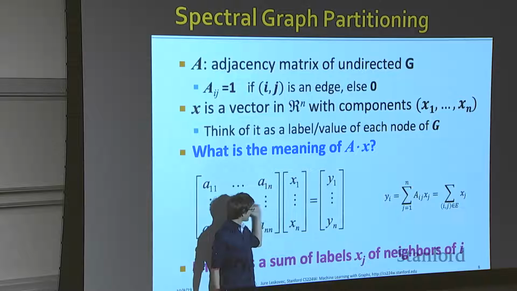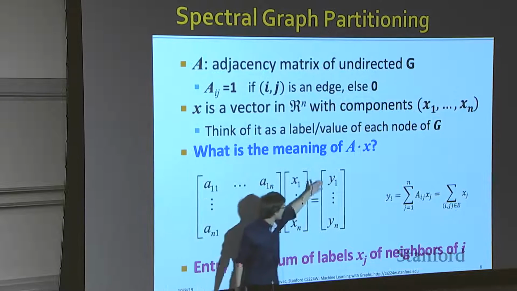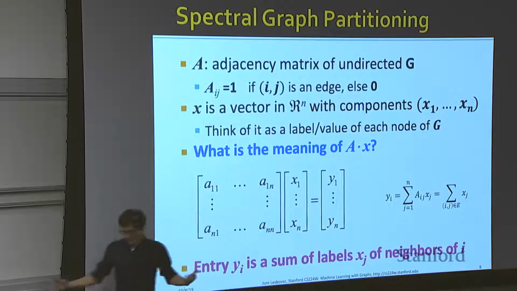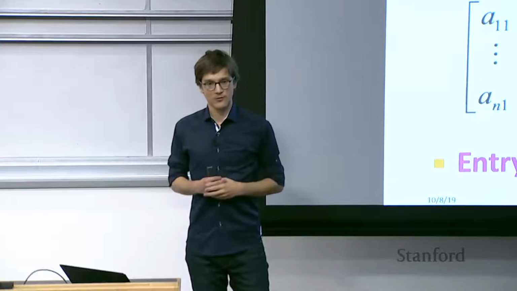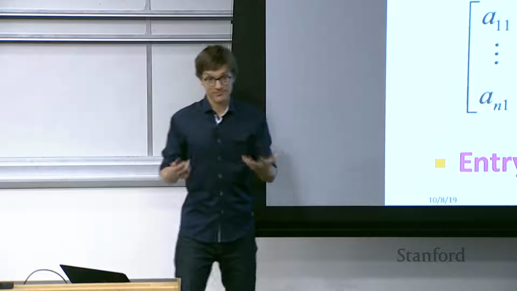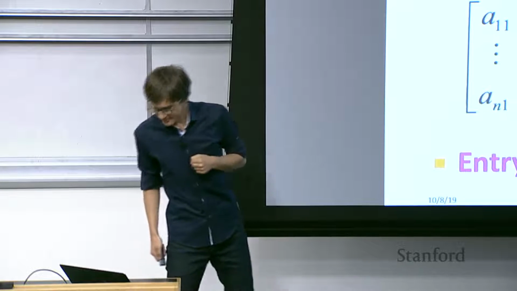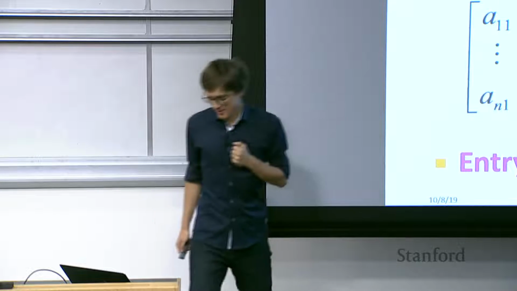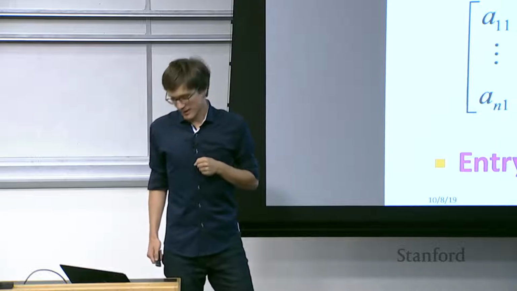So A times x is simply saying to every node, sum the values of your neighbors, that's your new value y. That's very useful intuition. Now we know what it means to do A times x.